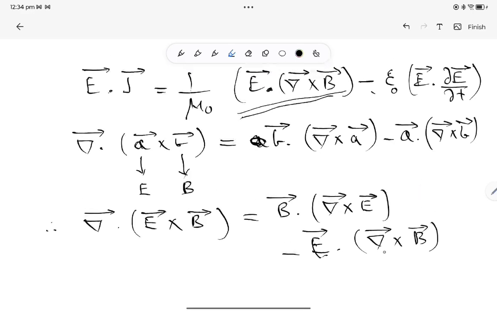So we will get its value from there. We simply transpose this to this side and that to the other side.